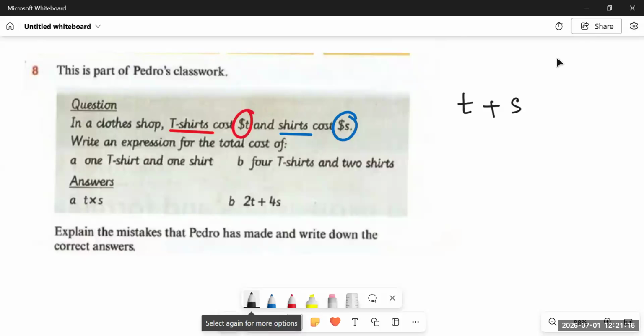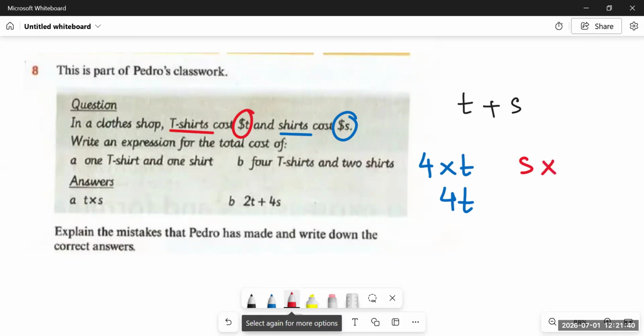And then four t-shirts will be 4T. Why? Because one t-shirt costs T, so 4 t-shirts cost 4 multiplied by T, which is 4T. Okay, and two shirts, one shirt costs S, so two shirts cost S multiplied by 2, that's 2S, and their total cost will be 4T plus 2S.